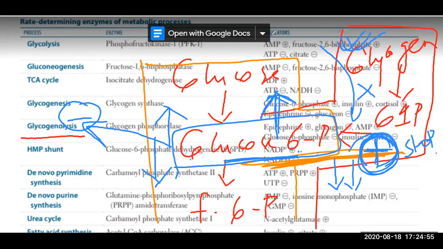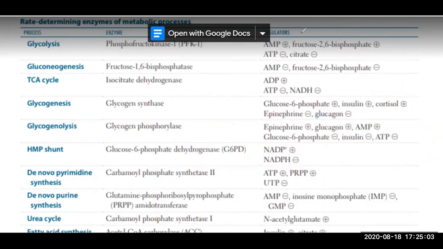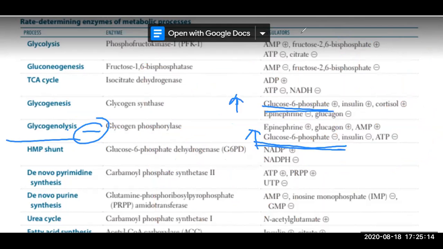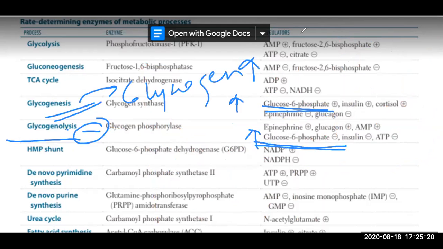You will be studying this feedback inhibition and activation in endocrinology a lot. So understand this concept here. You see, glucose 6-phosphate more, feedback inhibition. It will inhibit this cycle. Glucose 6-phosphate is more, it will promote the formation of glycogen. The glycogenesis will perform more.